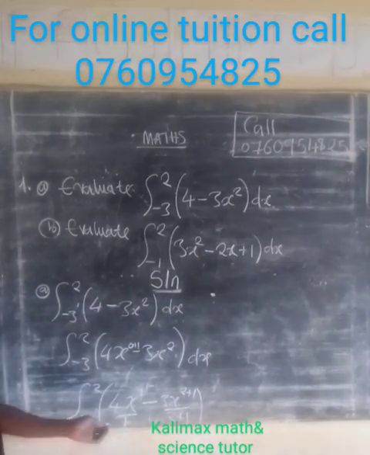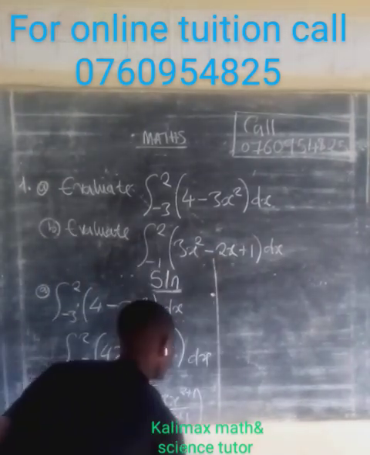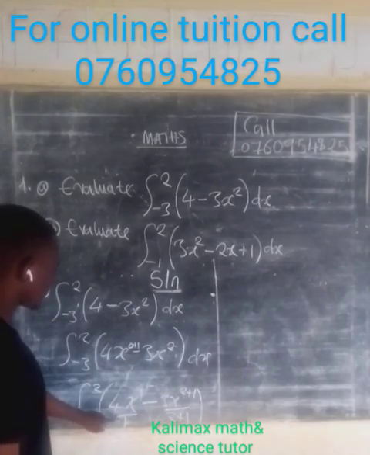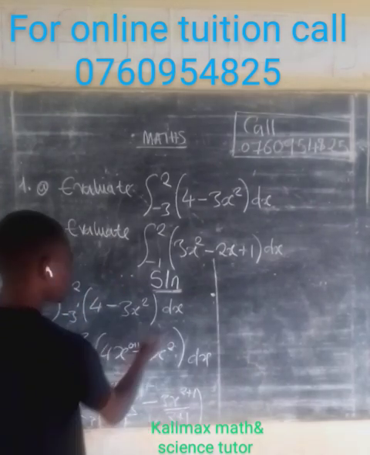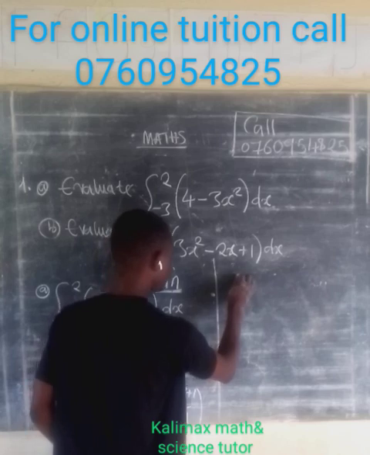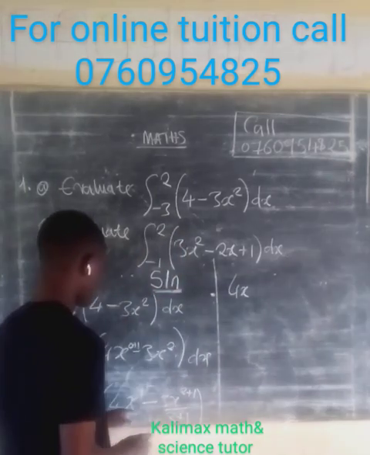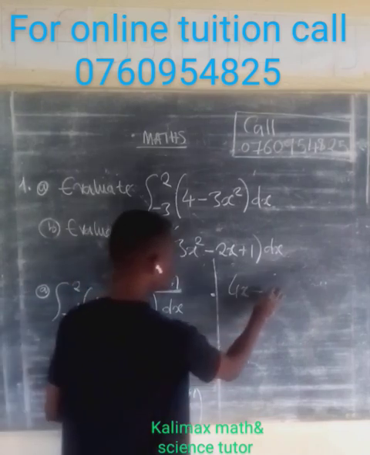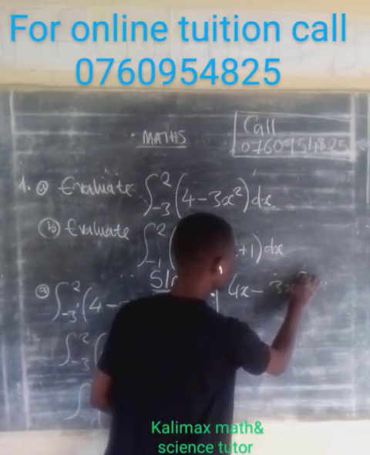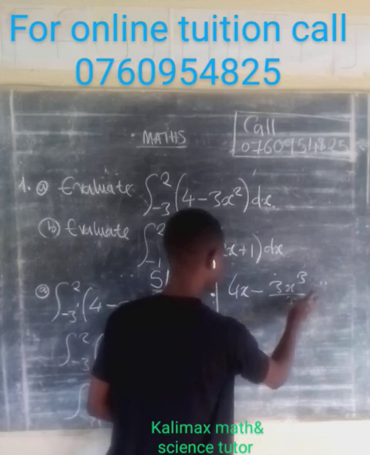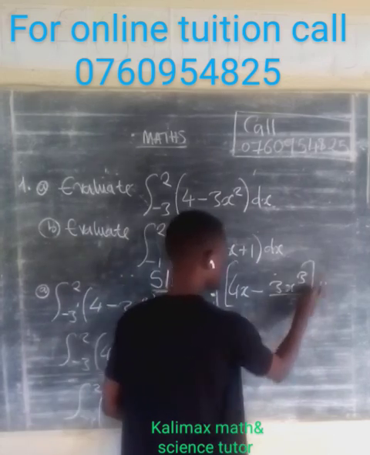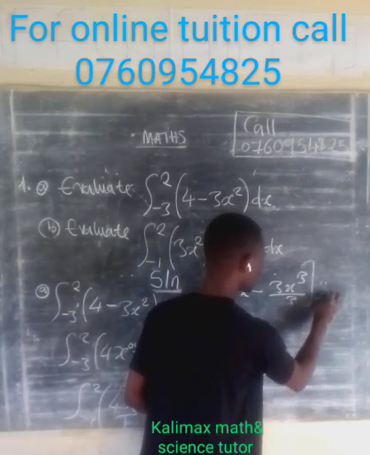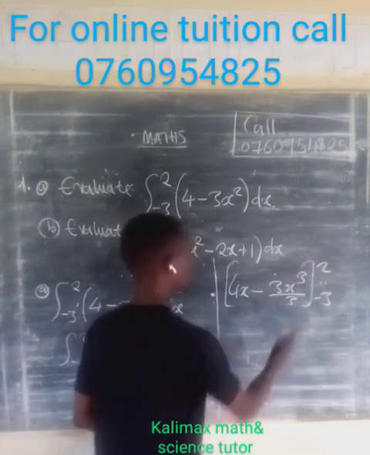So we have this equation here. After that, you divide this. So we have 4x minus, and this will be 3 and this one will be 3, so it will be 3x cubed over 3, with the limits from -3 up to 2.